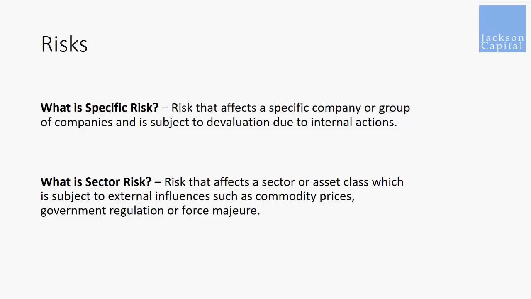And as you can see on the slide there, specific risk simply is a risk that affects a company or group of companies, which is subject to devaluation due to internal actions. And sector risk is risk that affects a sector or asset class, which is subject to external influences such as commodity prices, government regulations, or tidal waves.